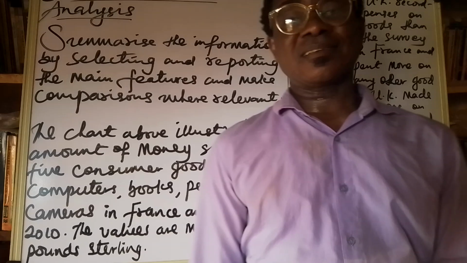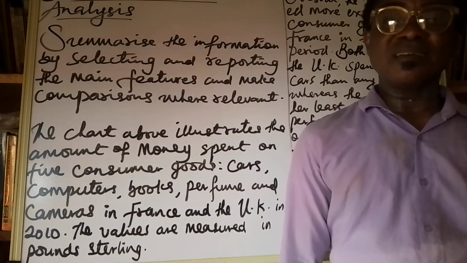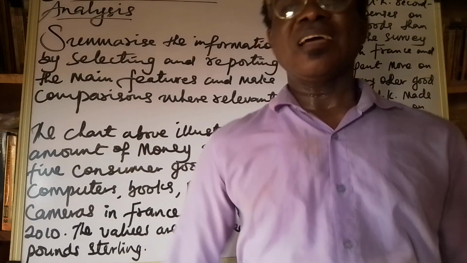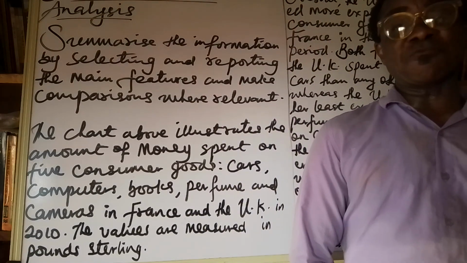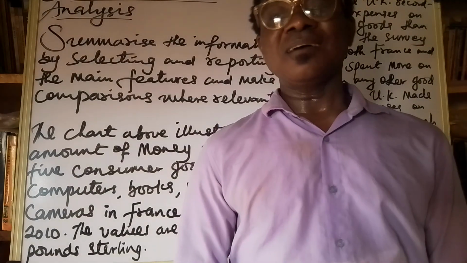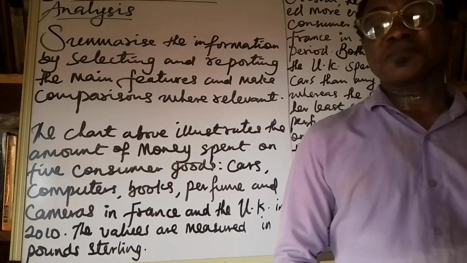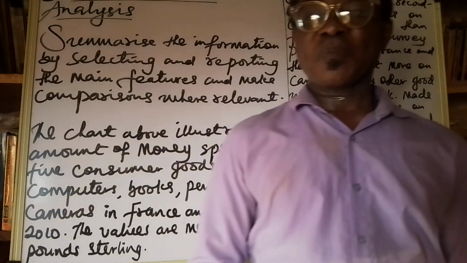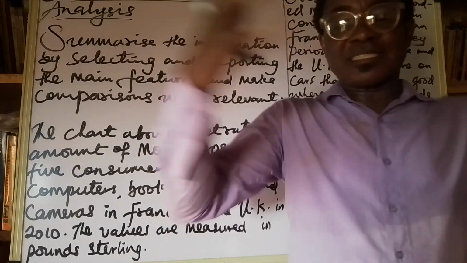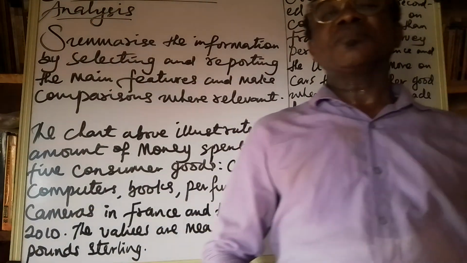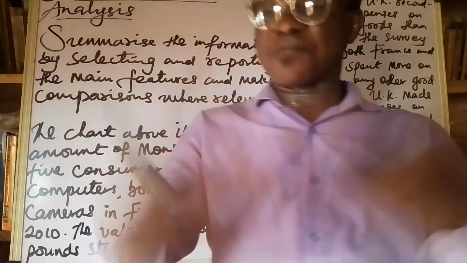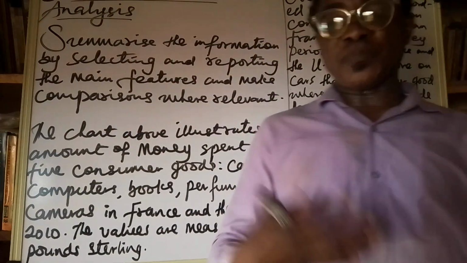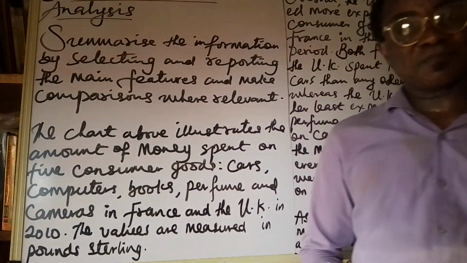The units of values measured on the bar chart are in pounds sterling, and the 2 countries involved in the survey are France and the UK. That is the caption or the topic of the economic model. That topic is to be paraphrased as the first paragraph of the written report.